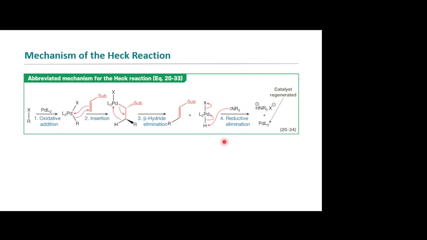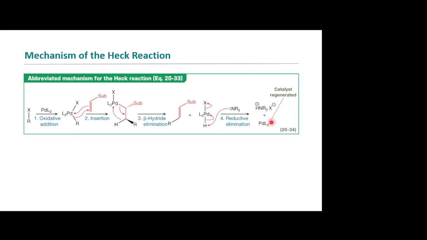We actually need some form of base here to help us pull that hydrogen off and regenerate our catalyst. And so that's what this is going to do for us. It's actually going to act as a little bit of a base to pull that hydrogen off. And so it's going to give its electrons into a bond with the hydrogen. Hydrogen's going to leave its electrons on the palladium, and that's going to cause the halogen to leave with a negative charge.